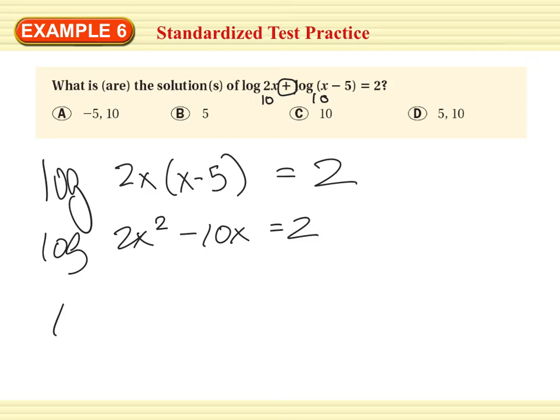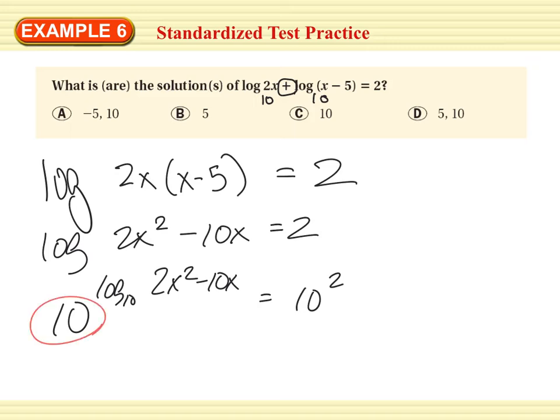Now I can say 10 to the log base 10 of 2x squared minus 10x equals 10 squared. Now we just said when these match, this comes down. So I get 2x squared minus 10x equals 10 squared, which is 100.